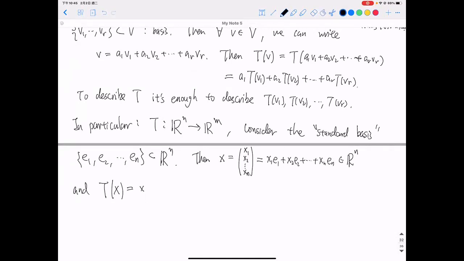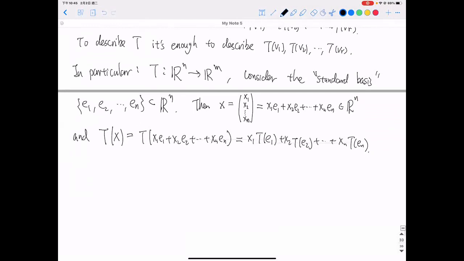T of x1 E1 plus x2 E2 plus stuff plus xn En. So again, by the property of being a linear transformation, this is x1 T of E1 plus x2 T of E2, and so on, plus xn T of En.